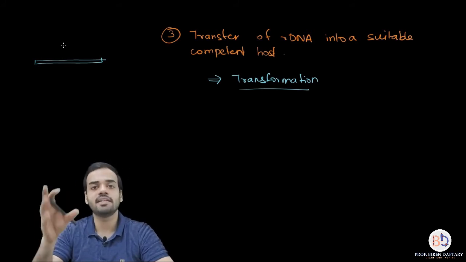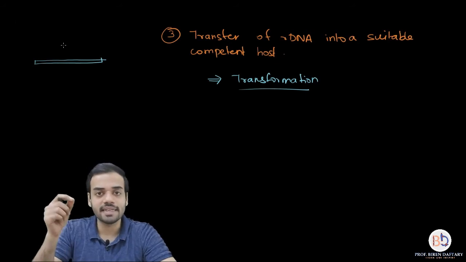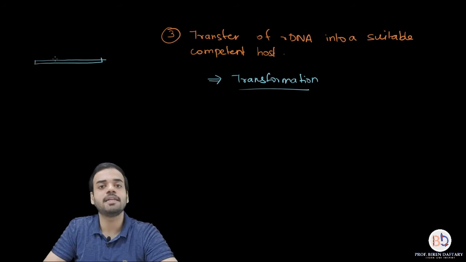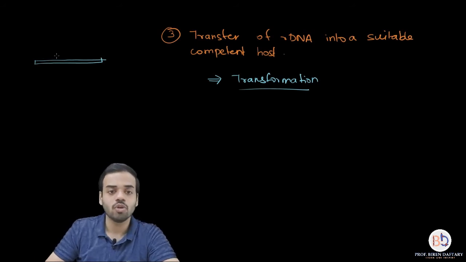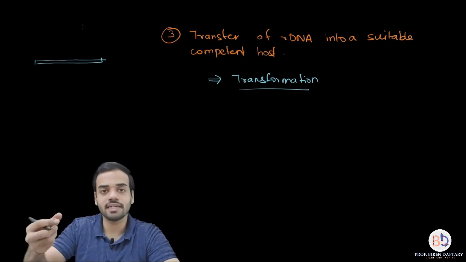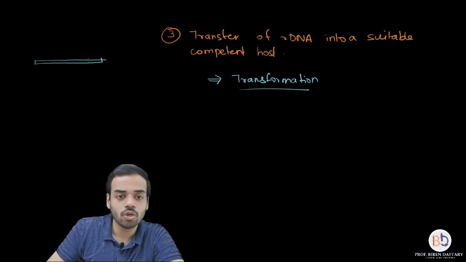Suppose the bacteria is E. coli, and this is going to have all the bacteria. Now in this plate where the bacteria are grown, what we are going to do is pour the recombinant DNA liquid, the liquid which is going to have recombinant DNA, that we are going to pour.